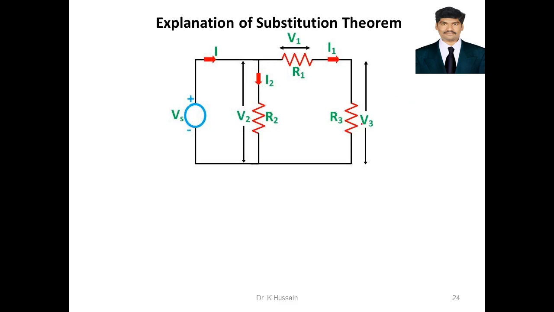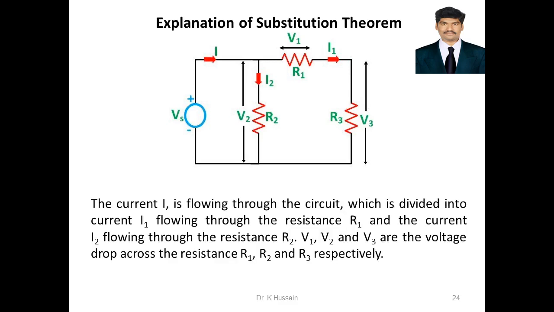For example, here it is V3, so after replacing with the voltage source, this voltage should still be V3. Similarly, if you are replacing it with a current source, then the current flowing should be equal to the current it actually is now. It should be the same.